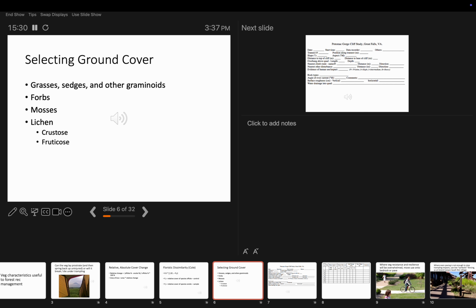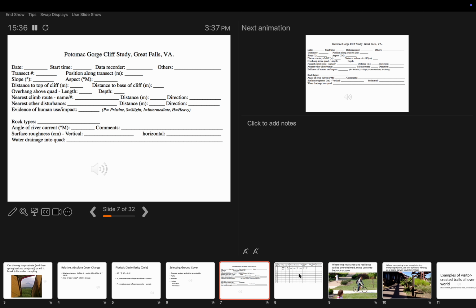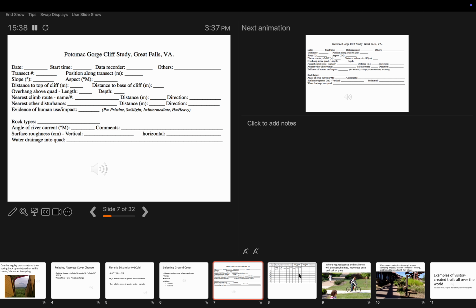Okay? So, for those of you who are interested in thinking about this kind of work career-wise, this is one of the field surveys, this was the data collection form, and so today it will be a digital version of the same thing. This was a lichen impact study at C&O Canal National Historic Park on 80-foot cliffs overlooking the Potomac River.